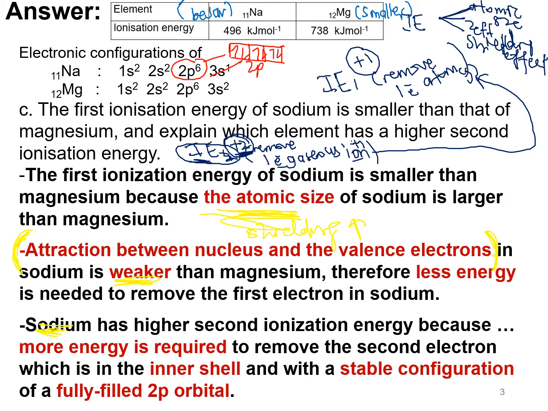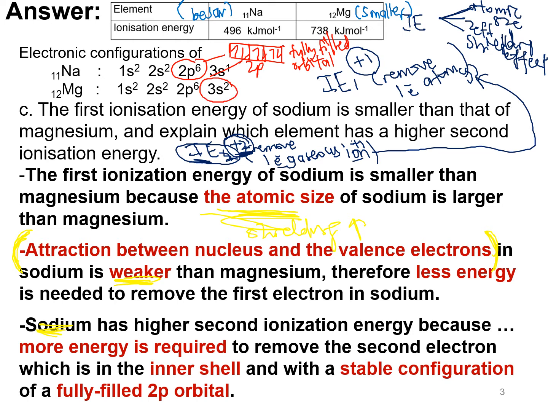So the second ionization energy would occur if I want to remove one electron from this fully filled orbital in 2p. So if I want to take out one electron, it will be harder. Okay, whereas in magnesium, magnesium has an electronic configuration of 3s2.